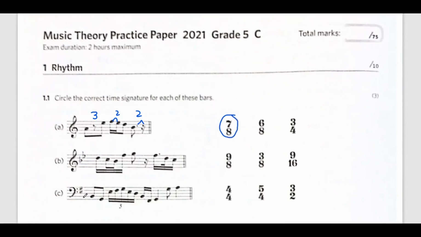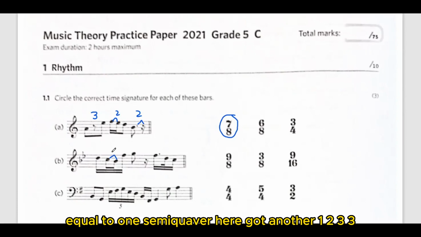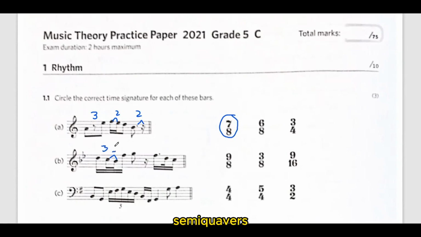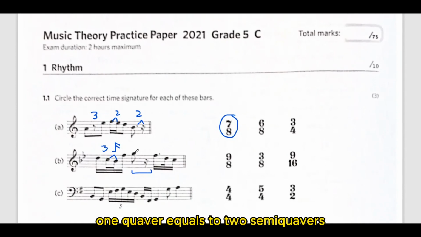Letter B. Look at the first group. 2 demisemiquavers equal to 1 semiquaver. Here, another 1, 2, 3, 3 semiquavers. And here, another group. 1 quaver equals 2 semiquavers. So 2 plus 1, another 3 semiquavers.